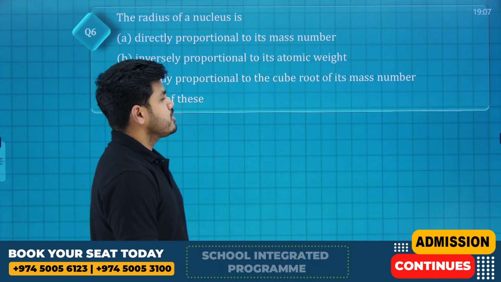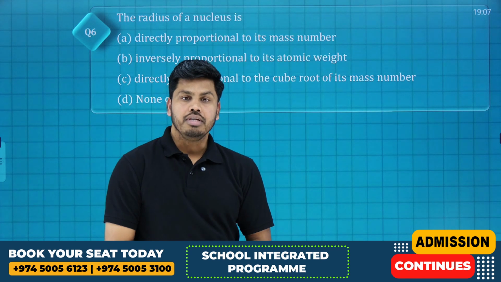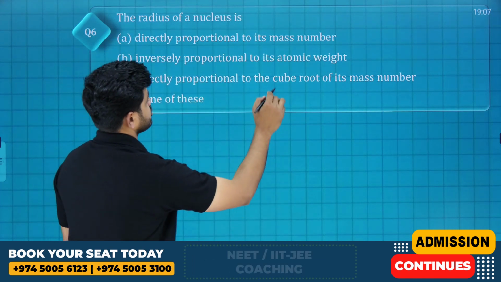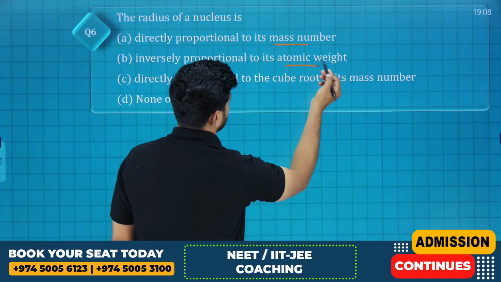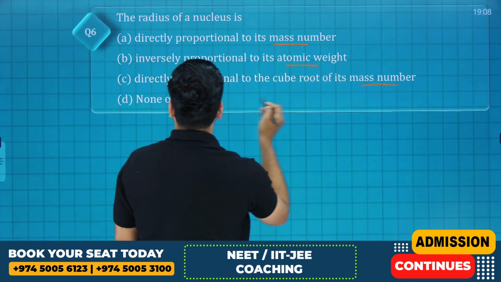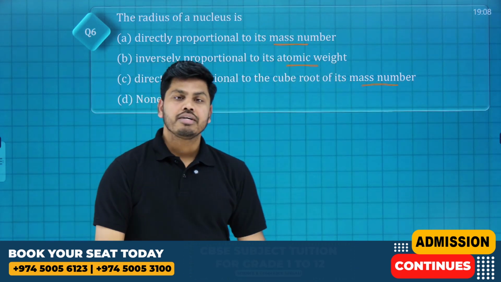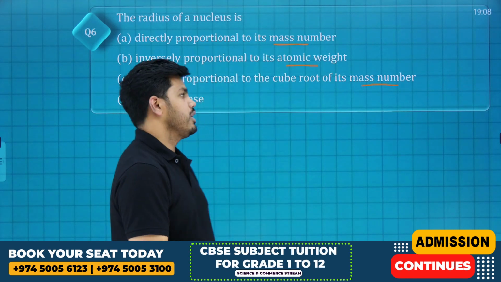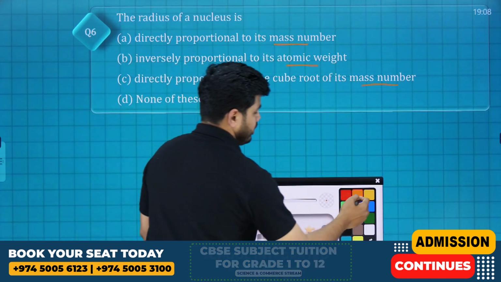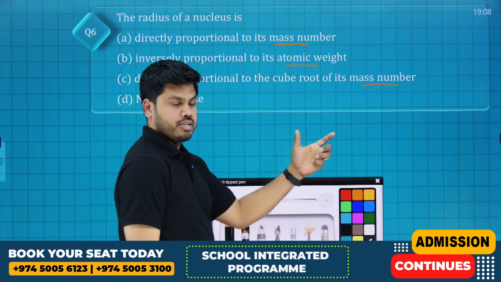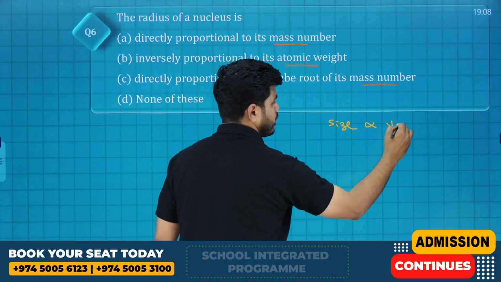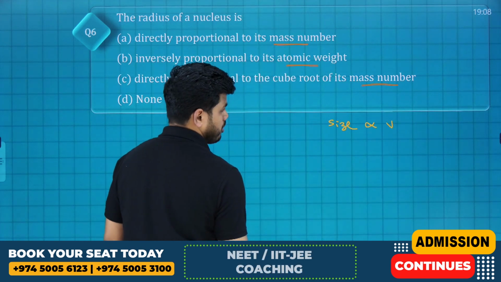Now, the radius of the nucleus is, see this part, you are asked to find the relation between the mass number, atomic weight, then again mass number, and none of this. So what is the relation for the radius of a nucleus? How to obtain the expression for the radius of a nucleus? We know the equation. We calculated the size of the nucleus, right? The size of the nucleus is found to be proportional to the mass number.